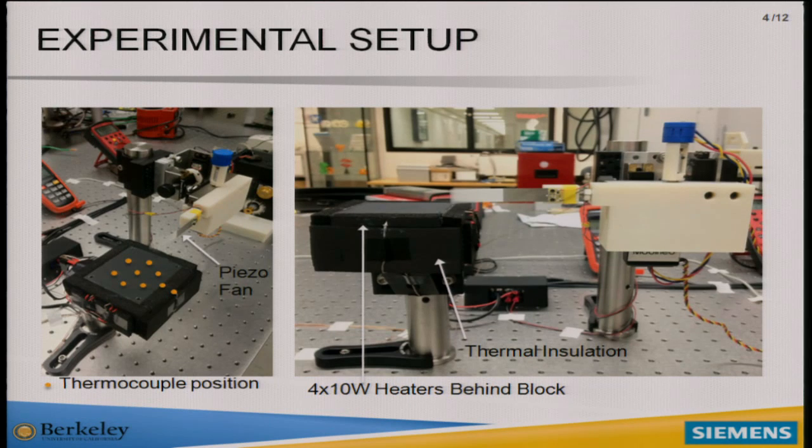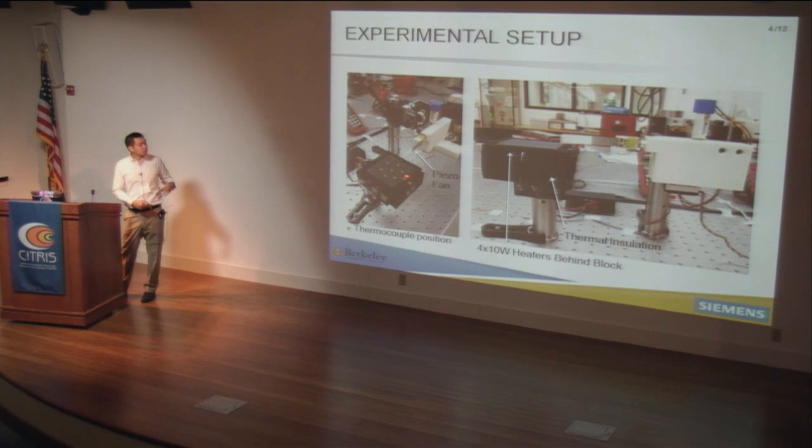And we built a setup where we tried to simulate this. This black box block here is our simulated heatsink, where we input about 10 watts of power, and we heat it up to about 100 degrees Celsius. We embed it with all these thermocouples to monitor the temperatures. And we have this fan, which is here.